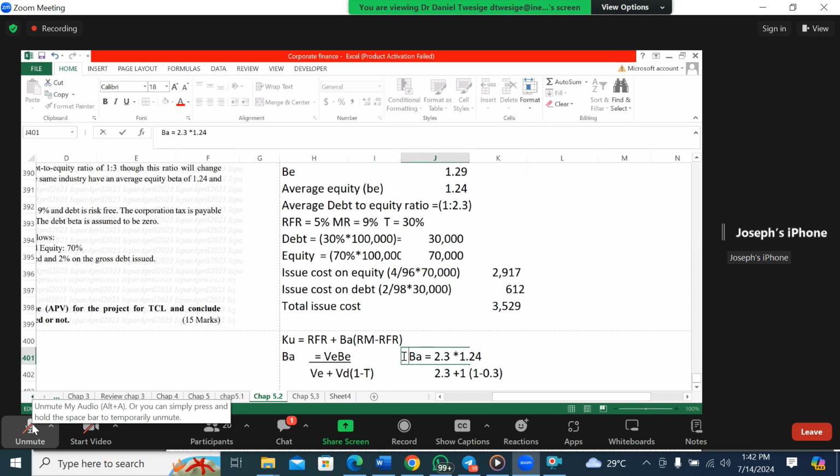But for us, we were not expecting that we are going to use the debt equity ratio. We were expecting that we are going to calculate the value of equity, the value of debt, and you compute. But you are right.